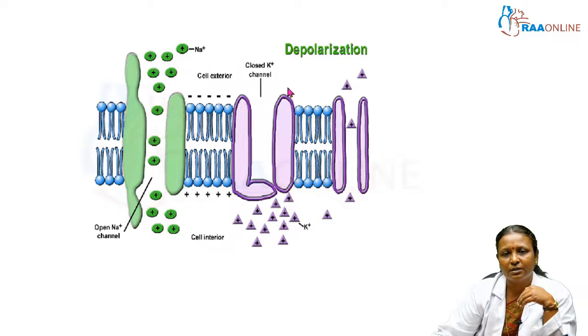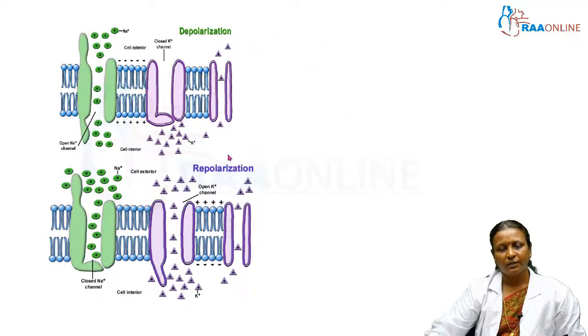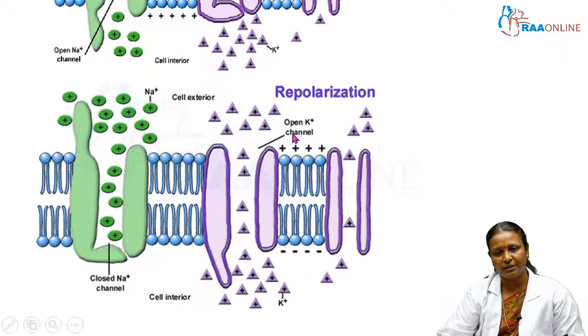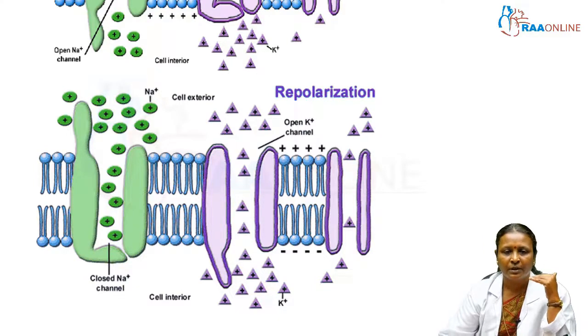This is your potassium channel. You have only one gate, the activation gate. So, during repolarization, as the activation gate of potassium is opened up, what happens? Potassium is going to move. From where to where will potassium move? Potassium will move from the intracellular to the extracellular compartment.